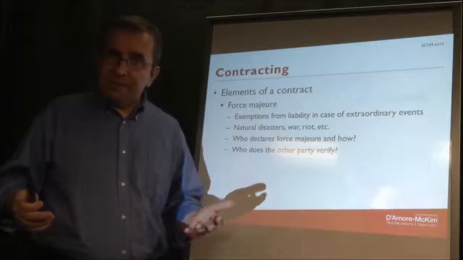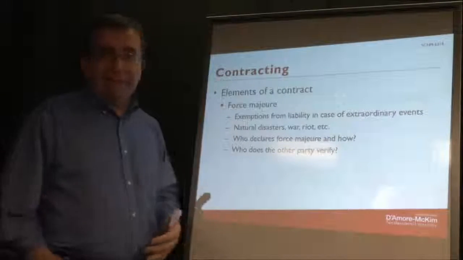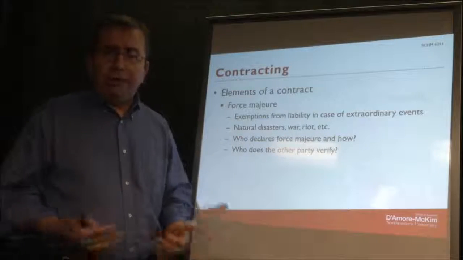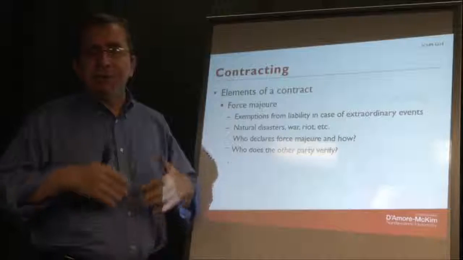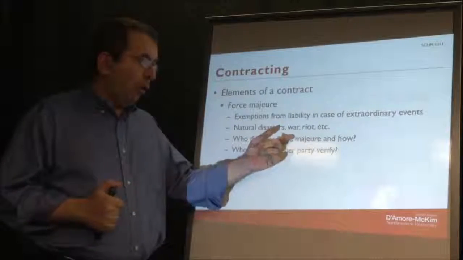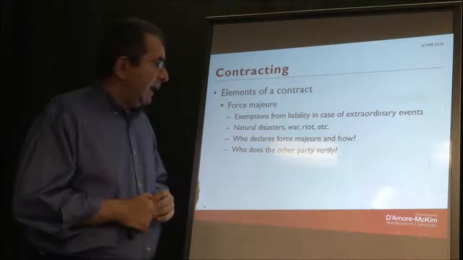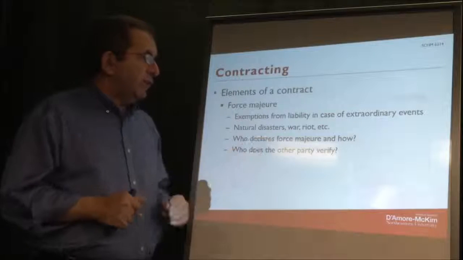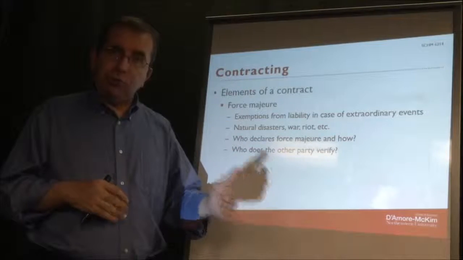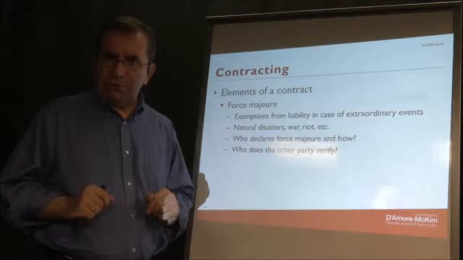So, what are some examples of force majeure? These could be natural disasters, hurricanes, blizzards, earthquakes, etc. War, riot, all these things. Now, who will declare force majeure? Who will decide when force majeure occurs?